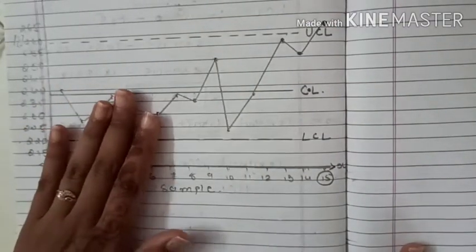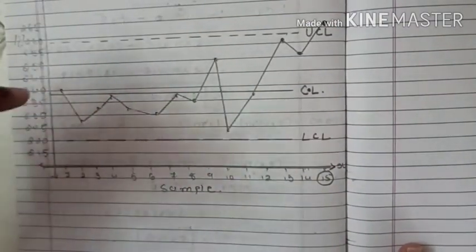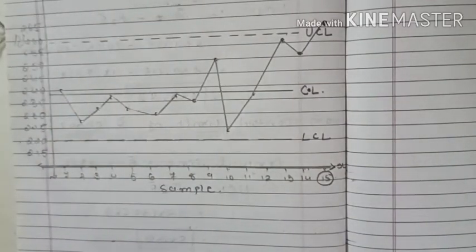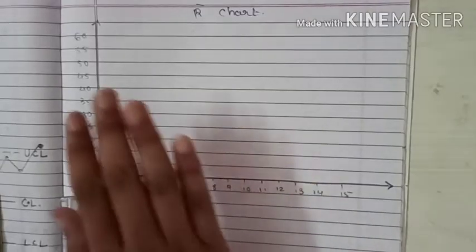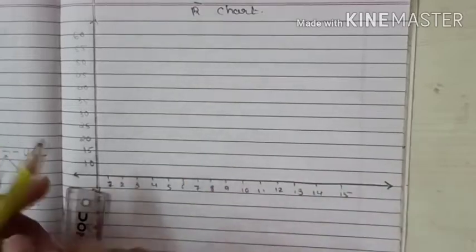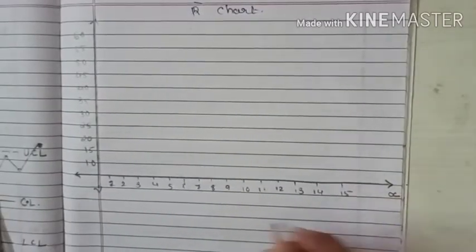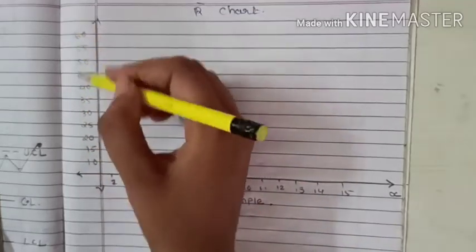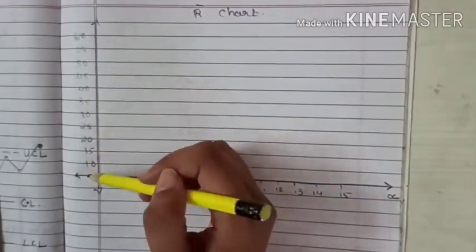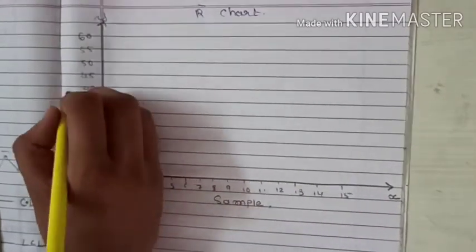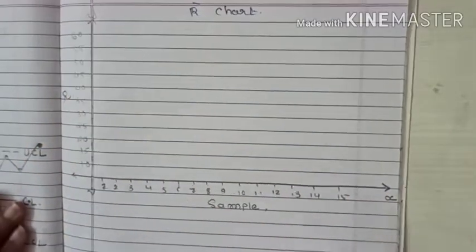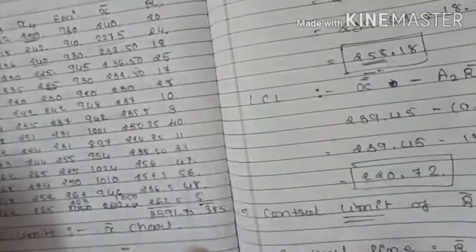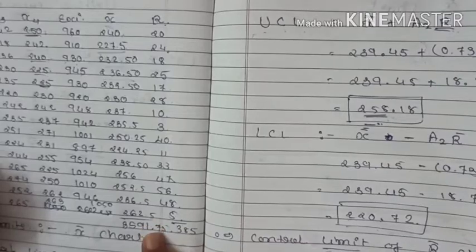The same way we are going to prepare an R chart. This is the format of the R chart. On the x-axis we have taken the samples, and on the y-axis we have taken the R, the value of the R which we have found in this range, right?